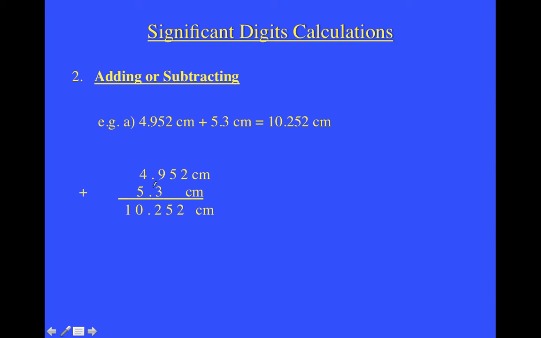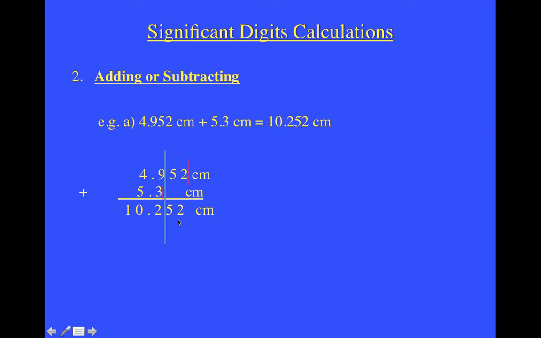Now what we see is, we know this number to the nearest thousandth of a centimeter, but we only know this one to the nearest tenth of a centimeter. So we got to do a different kind of hi-ya, and we do the hi-ya right here. It means we get this big answer, let the calculator do the work, 10.252, but now we're going to chop in the tenths position.